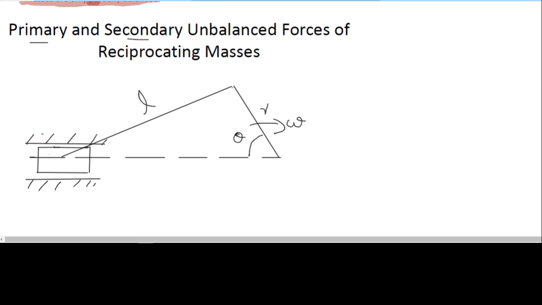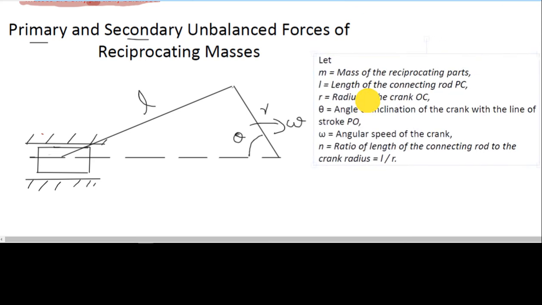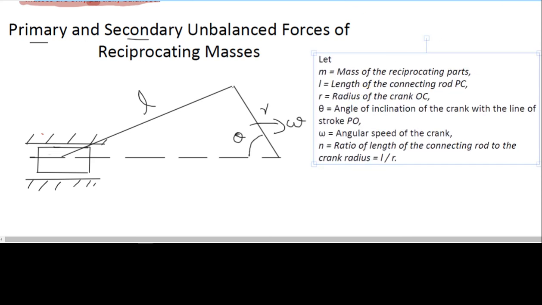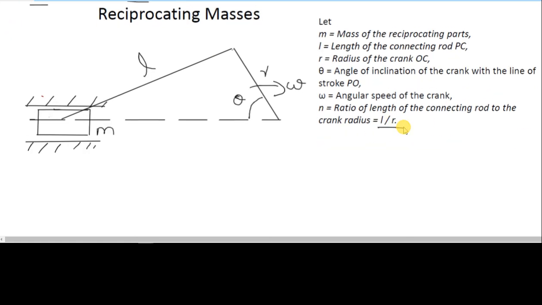Also let m be the mass of the reciprocating parts. And you already know what is n. n is the ratio of the length of the connecting rod to the radius, so n is equal to L by R.